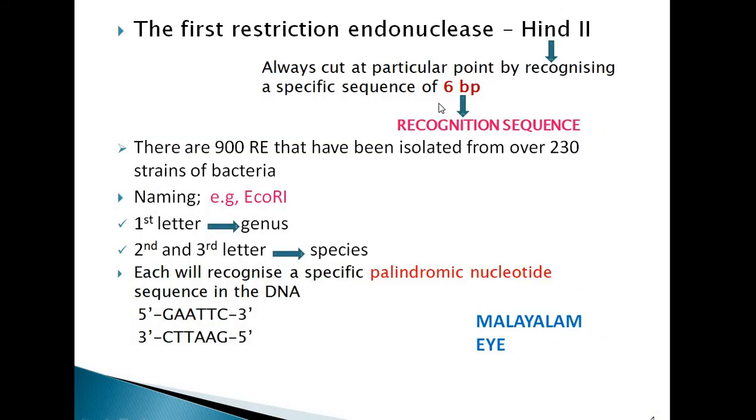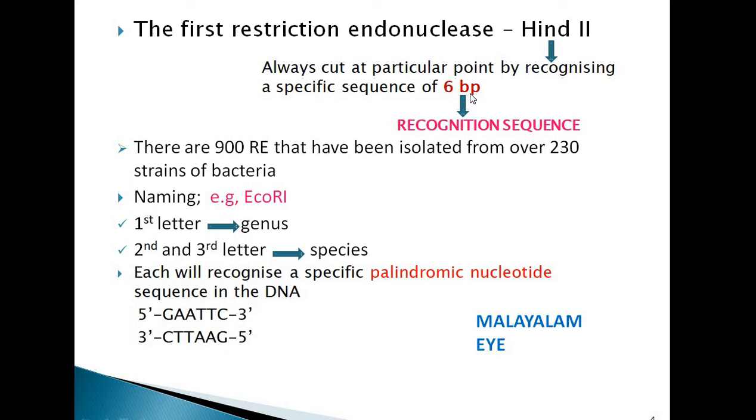The first restriction endonuclease which was discovered was Hind II. This Hind II always has a specific recognition sequence, as it is an endonuclease. This sequence has 6 base pairs.